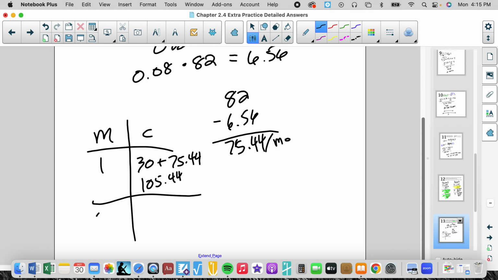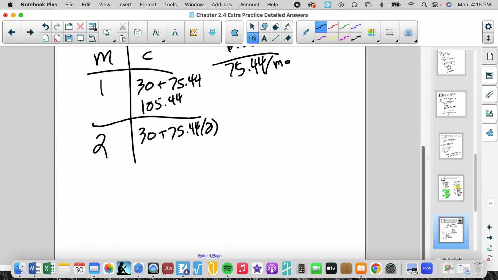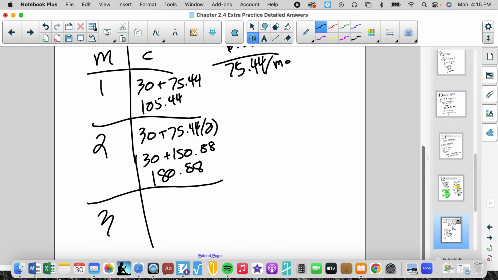After 2 months, it's 30 plus 75.44 times 2, which is 30 plus 150.88, which is 180.88.